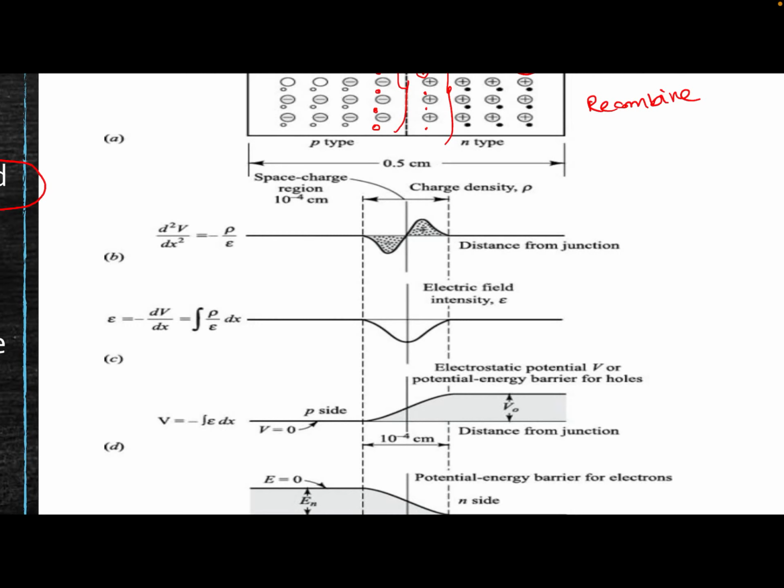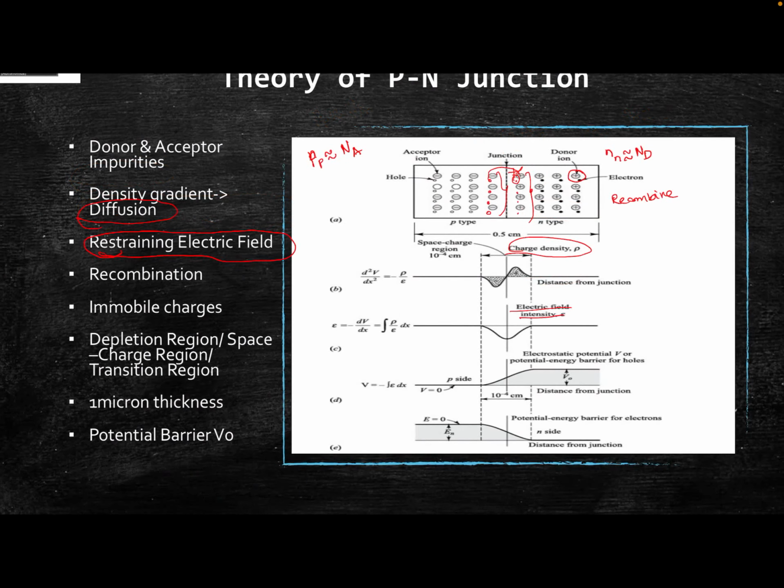Here you can see the charge density rho. It is a positive charge density on the right hand side of the junction and a negative charge density on the left hand side of the junction. Because of this charge density across the junction, an electric field intensity is developed. This electric field intensity will restrain further movement of holes from the p side to the n side and of electrons from the n side to the p side.